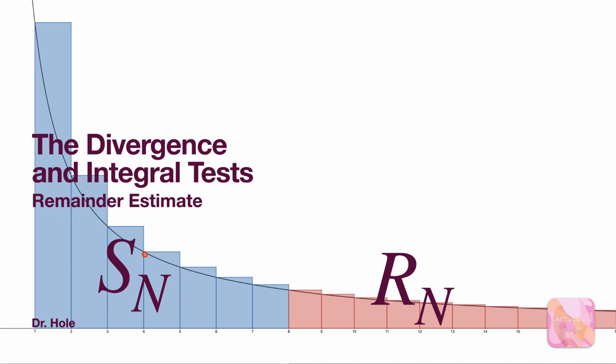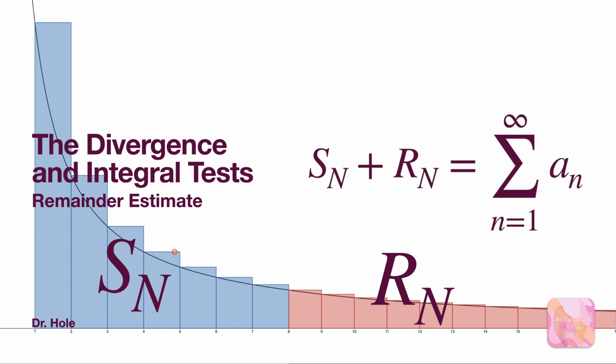To study convergence of a series, we looked at the limit of partial sums. So now, looking at that partial sum, which is the sum of the first n terms, if we add in the rest of the terms, then we'll have the entire series.